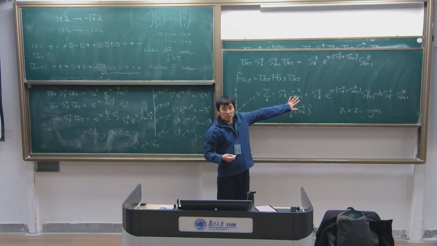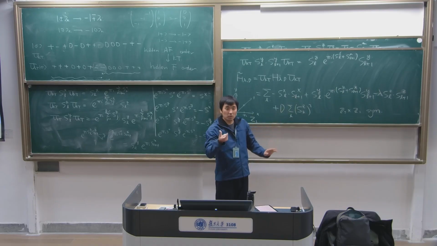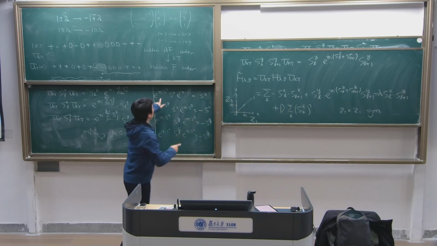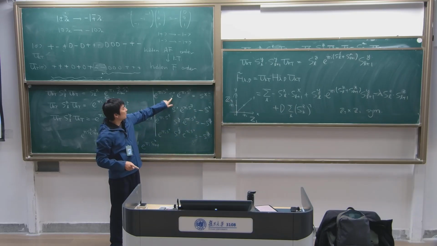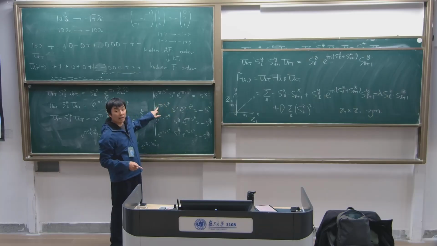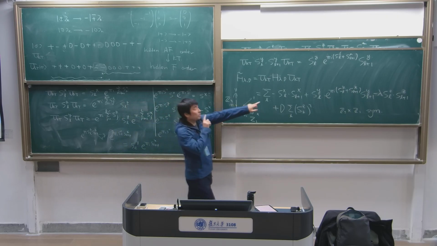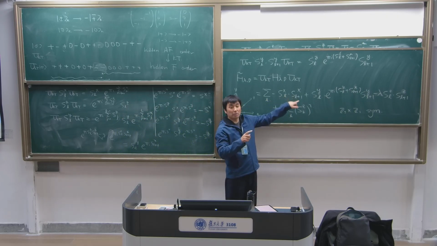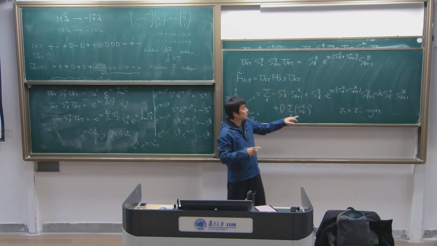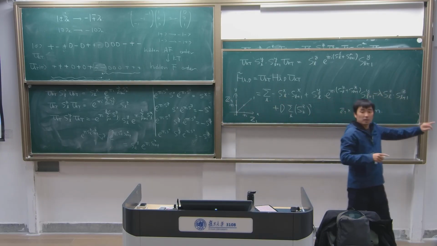And then this action is invariant under this z2 cross z2 rotation. Because you can see from here, if Sx is transformed by the Sy direction pi rotation, you get a minus sign, right? But here you have a quadratic term, minus times minus is 1. So the minus signs will cancel. The same thing happens everywhere.